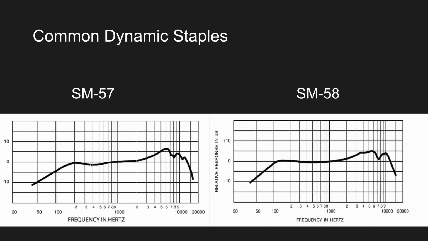And you can see on the 58, that doesn't have as much of a dip as the 57. And then you have the same kind of curve up in your high mids, where it has a bump right there. And you can see on the 58, it's a little bit different bump. It's a little harsher right here compared to here.